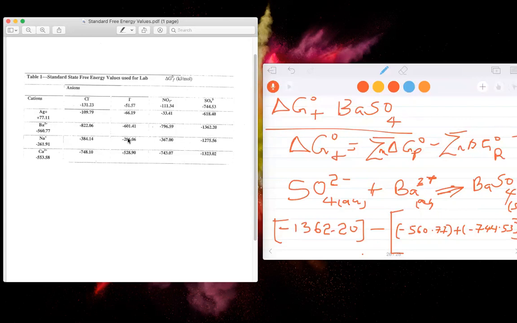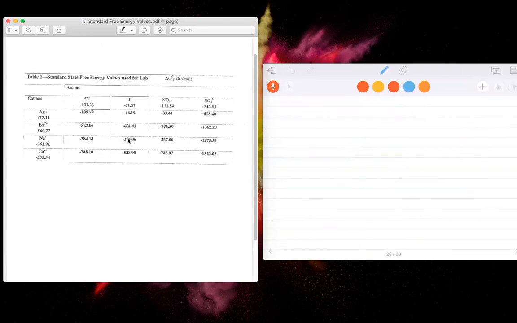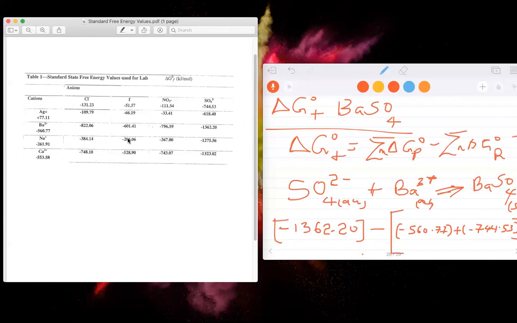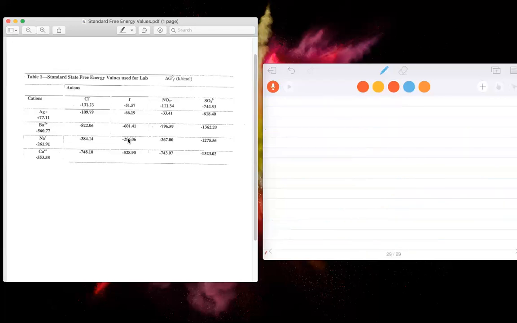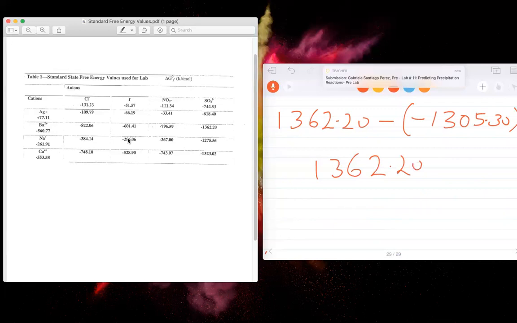Let's see, let me go back, what was that again? 1362.20 minus 13, or 1305.30. This is just going to be 1362.20 plus 13, or 1305.30.